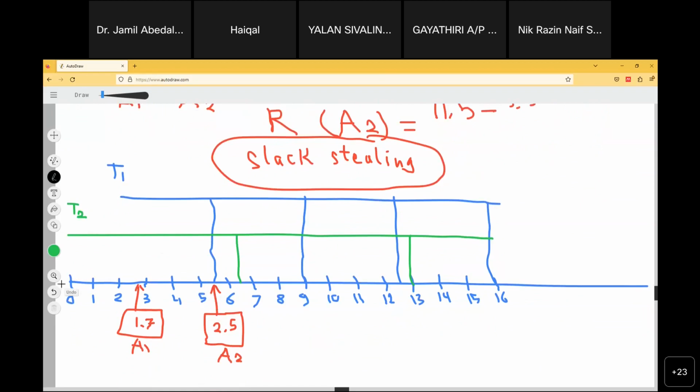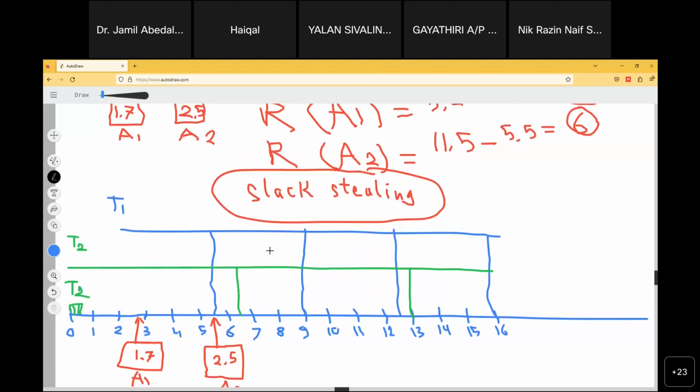So we have only one task ready to be executed from 0, which is task 2, only half unit. Then it will be suspended until 2. At 2, task 1 will start.